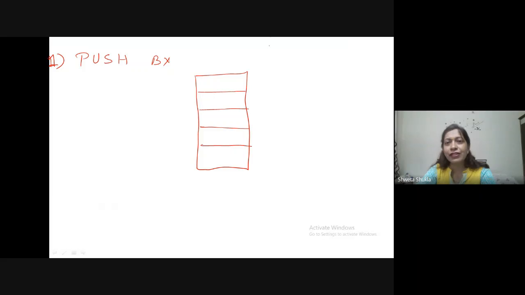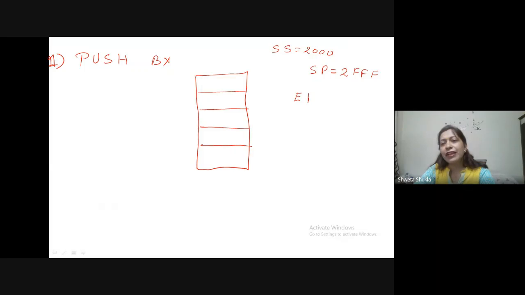We have some offset address. Let us suppose we have SS equals 2000, and SP equals 2FFF. Okay, so this is the value.